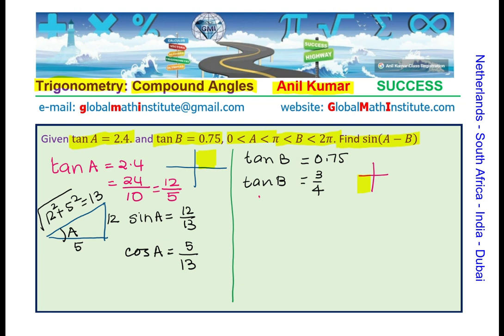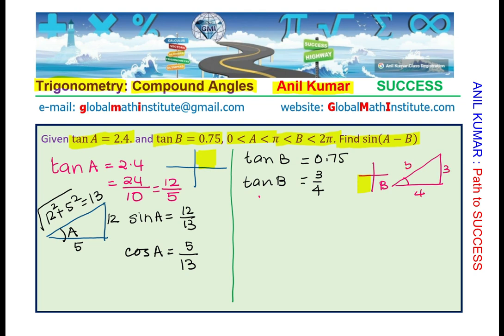So we have a triangle, let me make one triangle here, 3 over 4. So this angle is B, 3 opposite, 4 adjacent, and the hypotenuse will be 5.